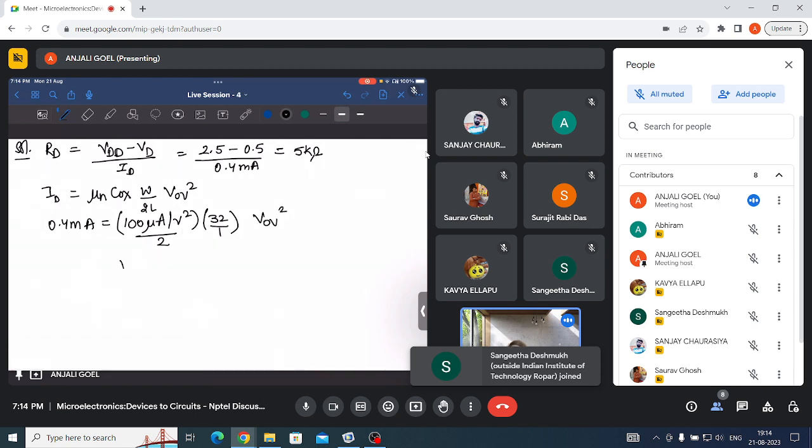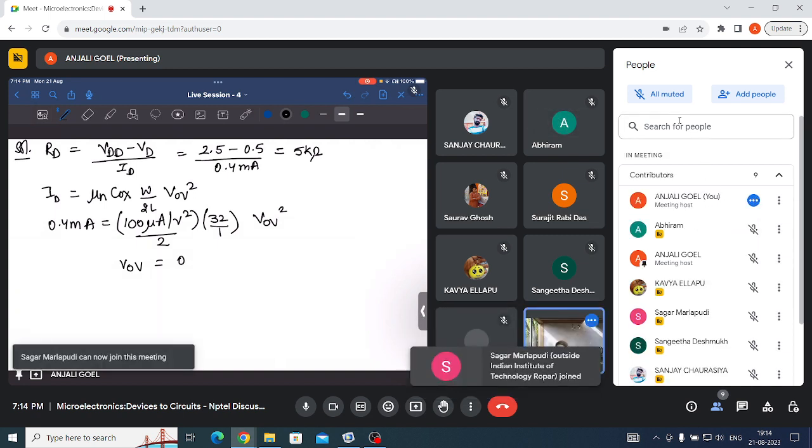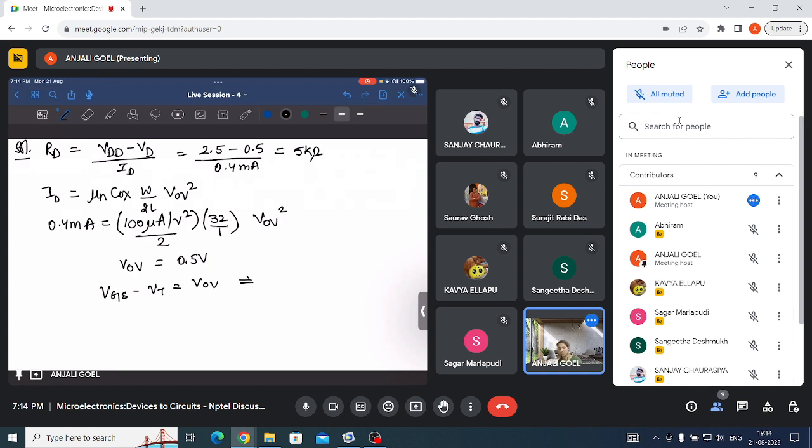So now your V overdrive after calculation will be 0.5 volt.